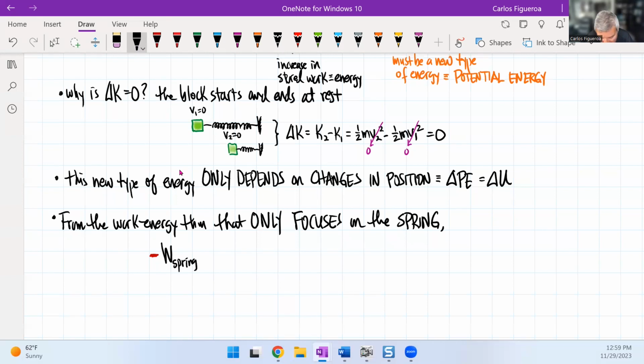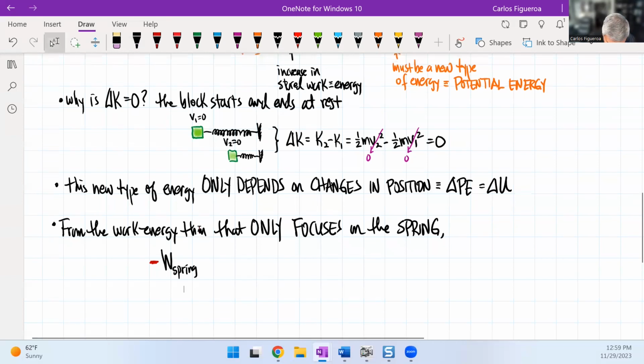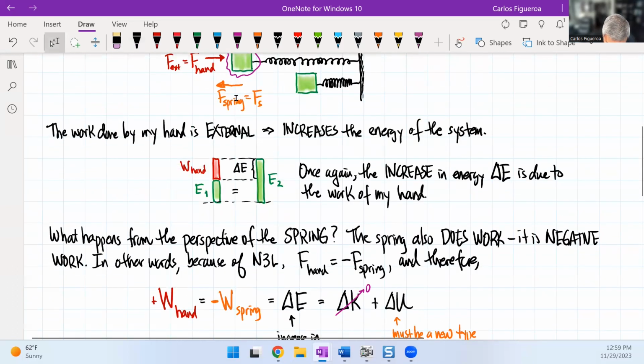And that minus sign is always there because the force of the spring is always opposing the force of my hand.